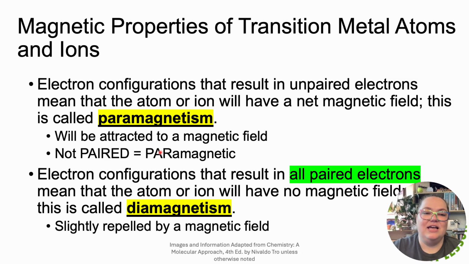Then likewise, electron configurations where we have all paired electrons means that it's not going to respond to a magnetic field. We call that diamagnetism. They are slightly repelled by a magnetic field. So paramagnetic, this is our magnetic stuff, like iron. In the previous slide, actually I'll put it on the next slide here. And then diamagnetism is if we are all paired.